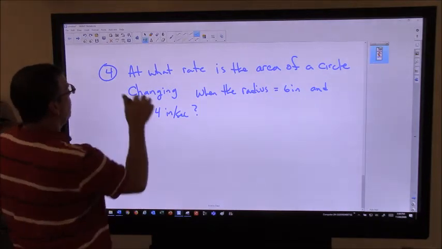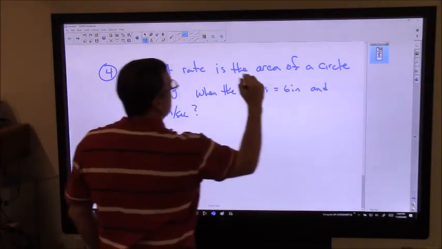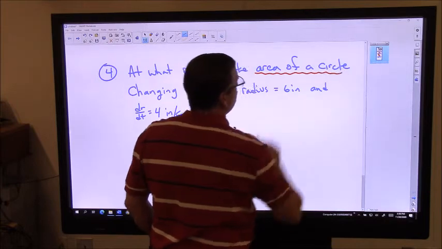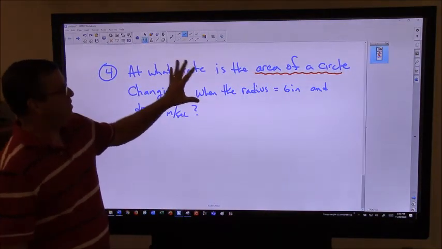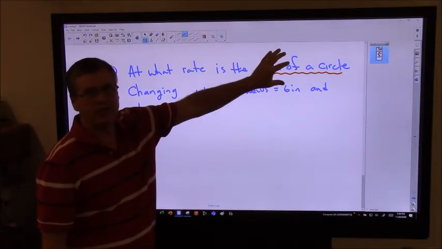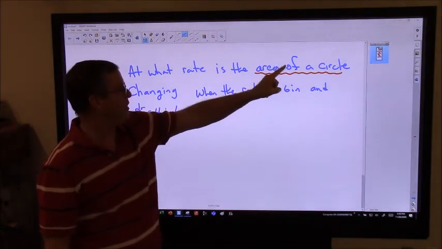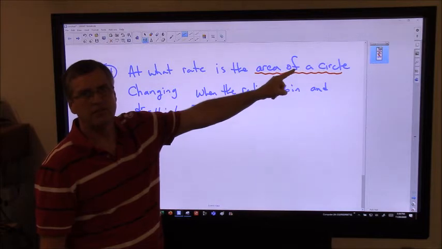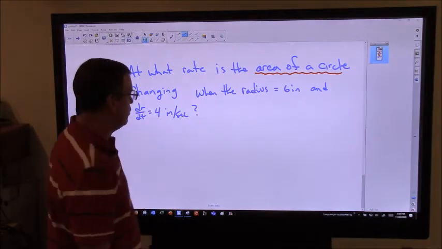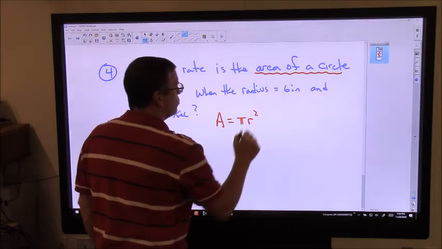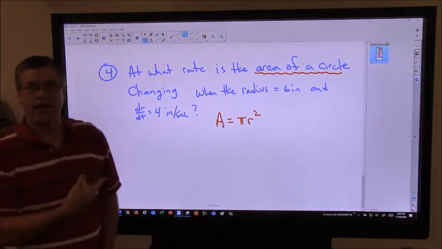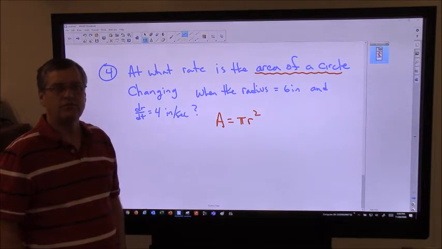Well, let's see. At what rate is the area of a circle changing? So whatever question they're asking us, the rate of something, I need to start with an equation about that right there. So if we think, well, how do you find the area of a circle? It's area equals pi r squared. That's what I need to take the derivative of. This is good.